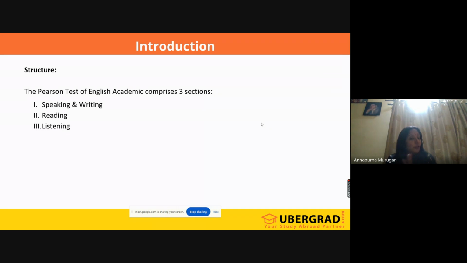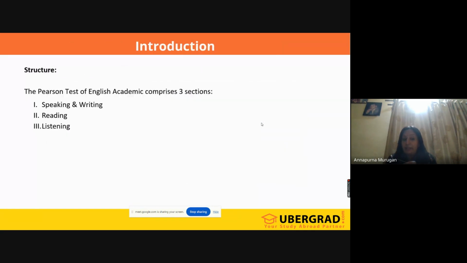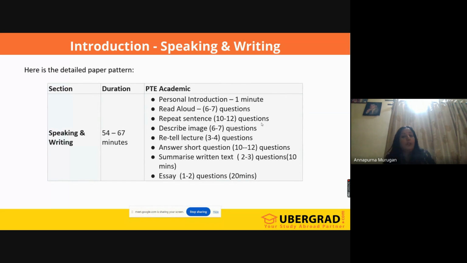Speaking and writing come together, in the sense that we'll be conducting the class separately, but together you will have it, and reading you will have differently, and listening we have differently. Altogether, we have the detailed paper pattern, or the test pattern, that we are going to have.